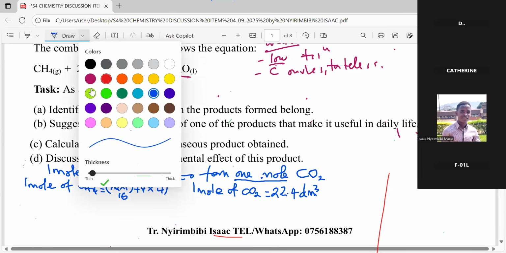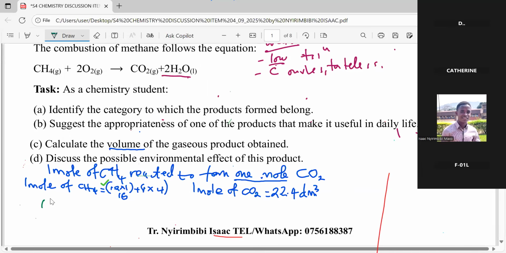Then 16 grams will be equal to, decomposed to form that. So which means 16 grams of the CH4 reacted to form 22.4 decimeters cubed of carbon dioxide gas.